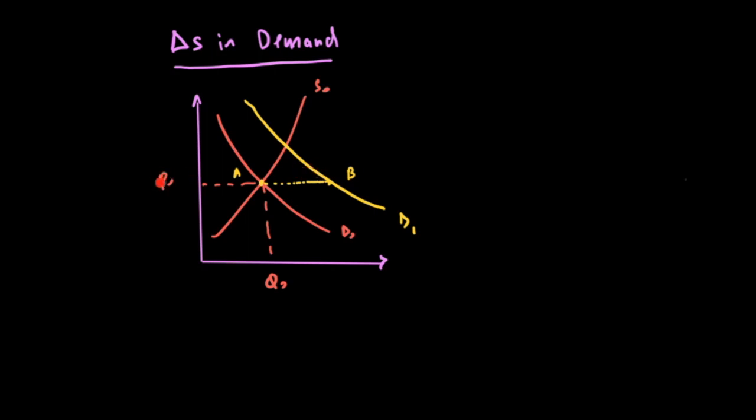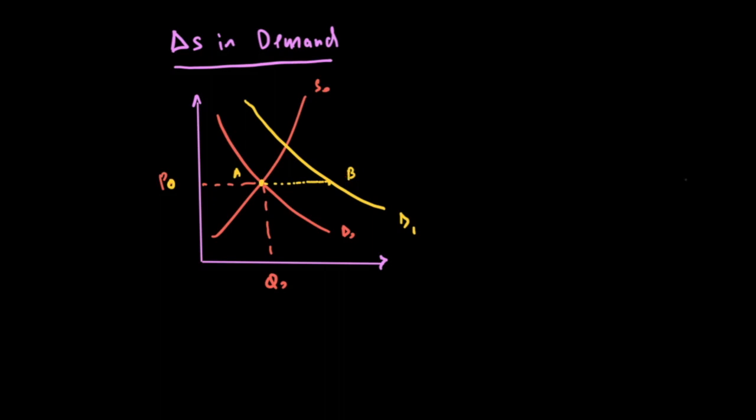Then at the existing price, suddenly quantity demanded will be more than quantity supplied, and therefore P naught, which was previously an equilibrium price, is no longer an equilibrium price, because there is what we call demand exceeding supply, or a shortage taking place.